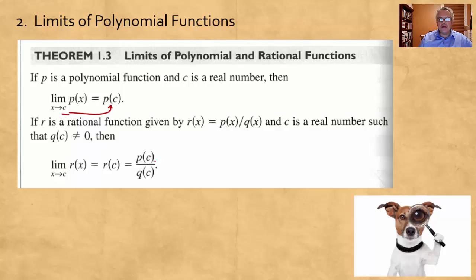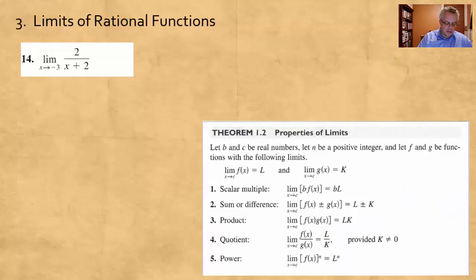It turns out rational functions work the same way, as long as you're not taking the limit towards a place where the denominator is 0. All right, so let's try a rational function. At first, I'm going to be breaking this down. Like I said, we won't be doing it that way all the time. So if it's a quotient, I could break this down into the limit as x approaches negative 3 of 2, the numerator, over the limit as x approaches negative 3 of the denominator.